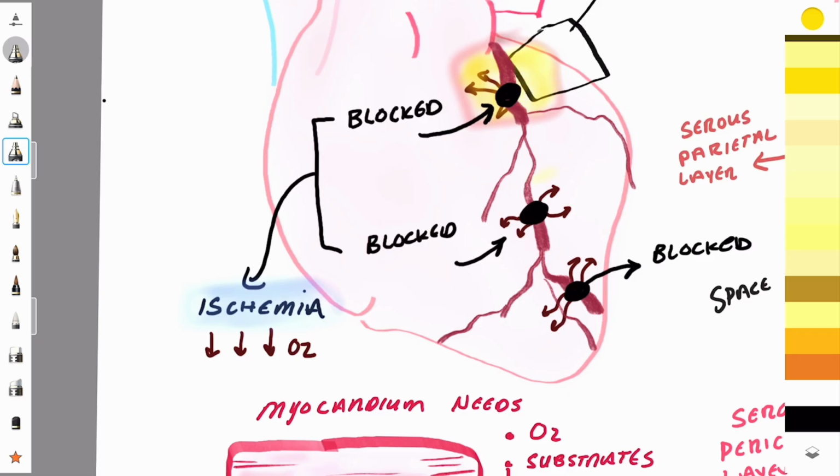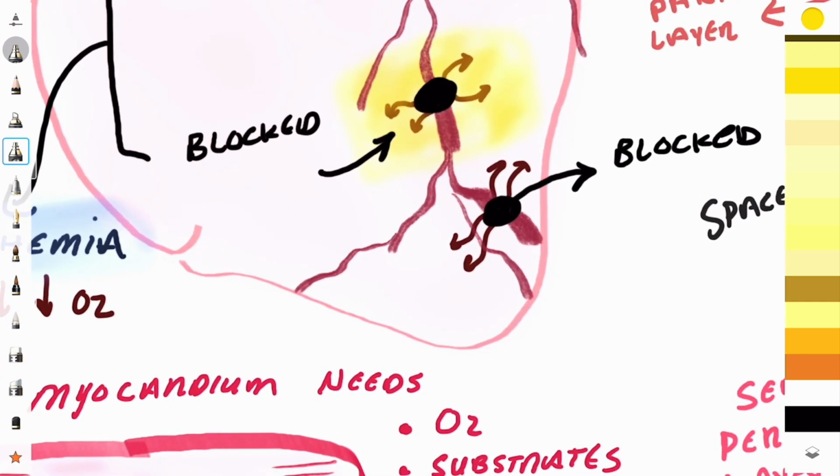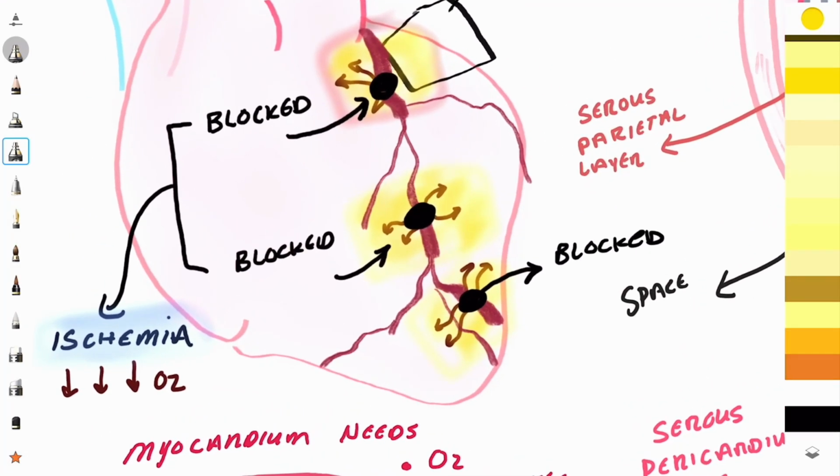If we have a blockage here, well then all of these cardiomyocytes here will undergo ischemia and will start to undergo cell death. And the same thing down here. If we have a blockage down here, all of this area here will start to undergo ischemia and cell death. So this is the initiation of myocardial infarction, right?